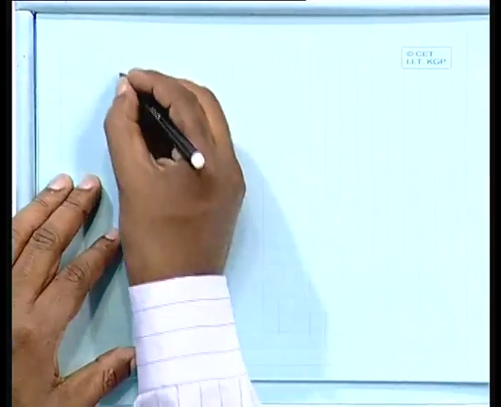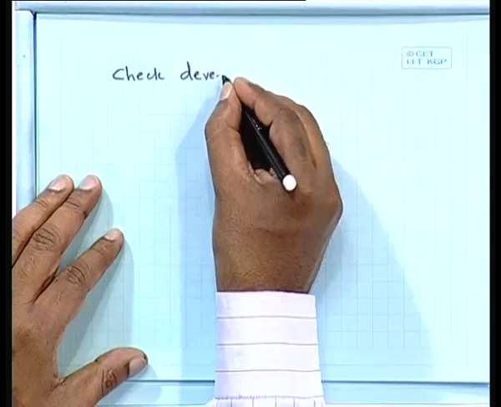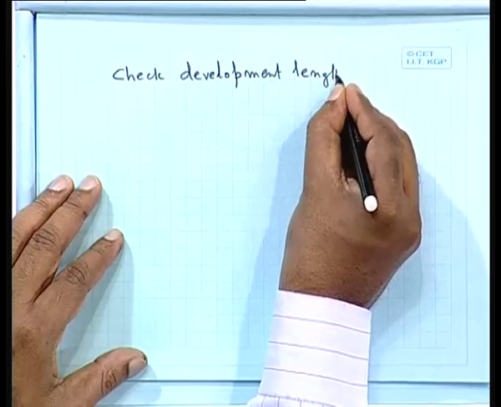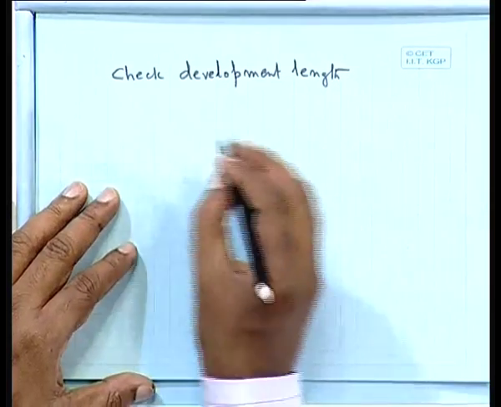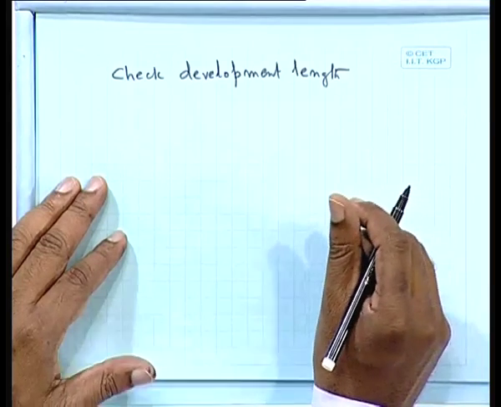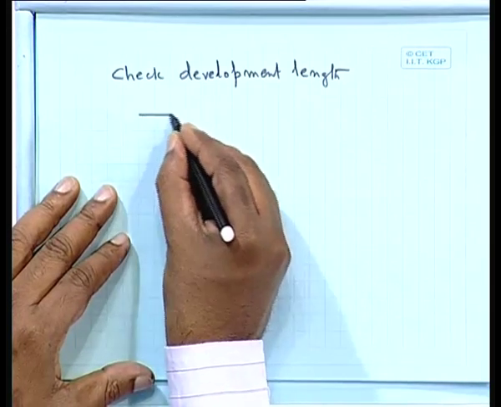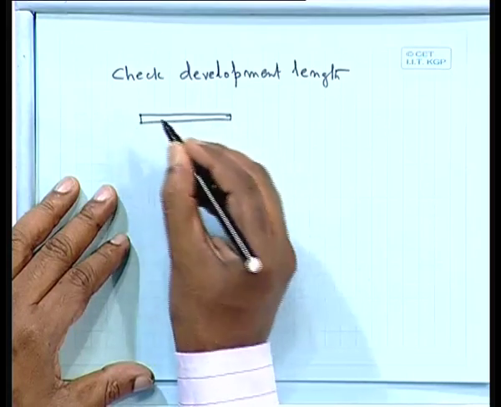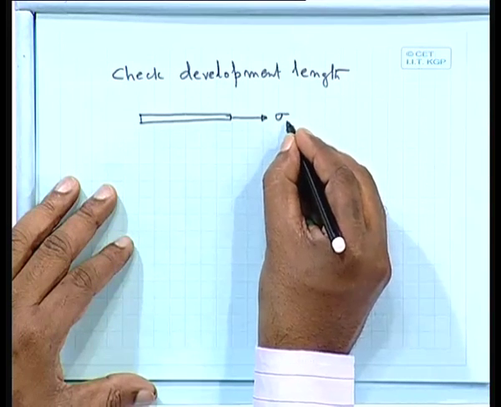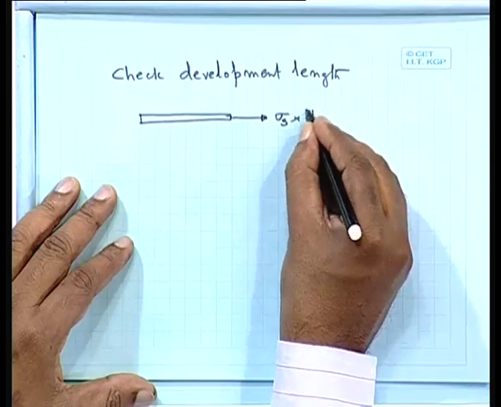Now we have to check certain development length. So what we can do, there is one thing we can find out here, that if this is the bar, what we generally do here, the permissible stress is sigma s, acting on this pi by 4 phi square.